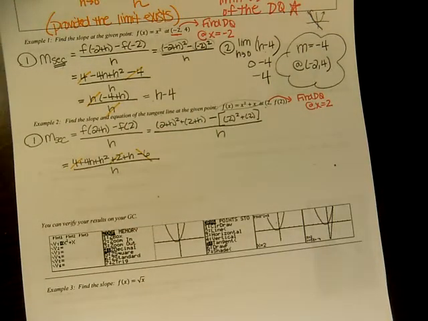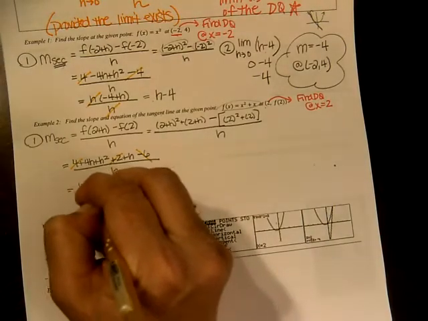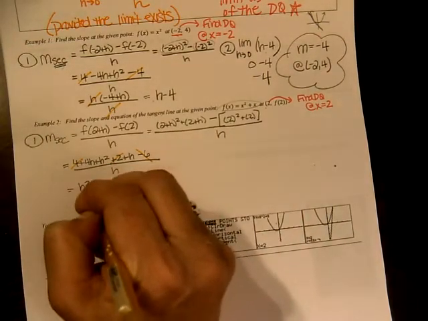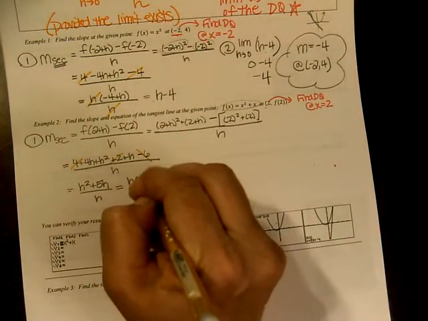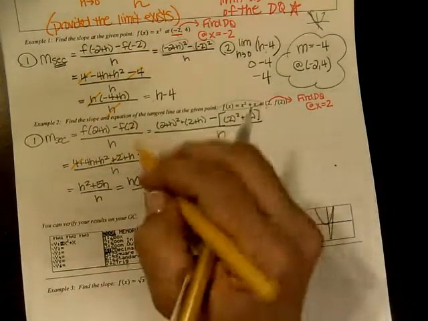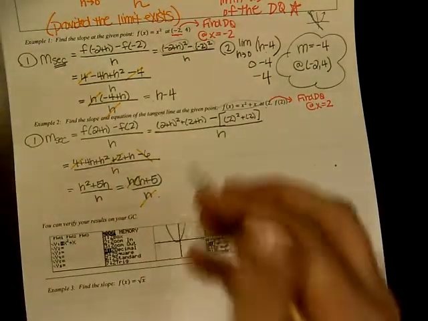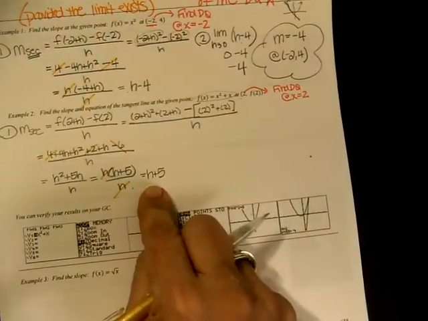That cancels out. So I end up with h squared plus 5h over h. I can factor an h out of the numerator and again cancel, and I find that the slope of the secant line is given by h plus 5.